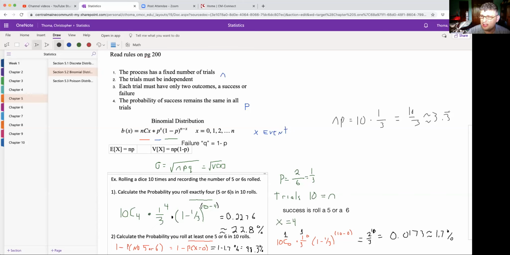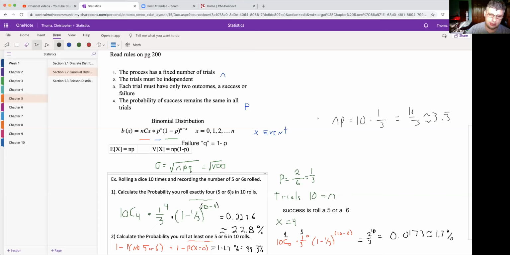Sorry, in 10 rolls, I expect to get a 5 or 6 a little more than 3 times. So somewhere between 3 and 4 times, I should get a 5 or 6 in 10 rolls. So that is the answer to part 3.